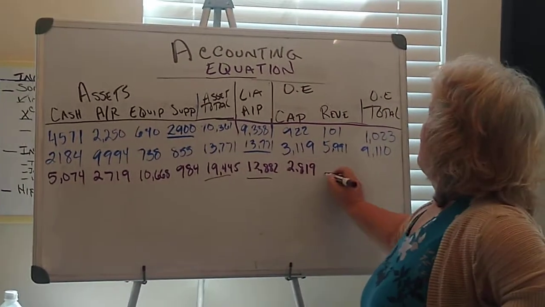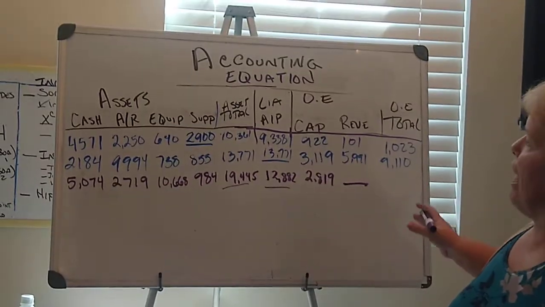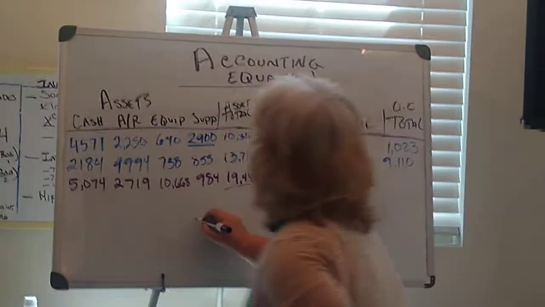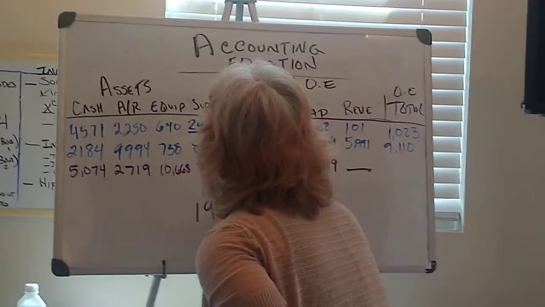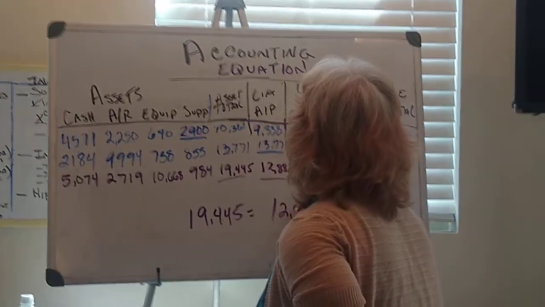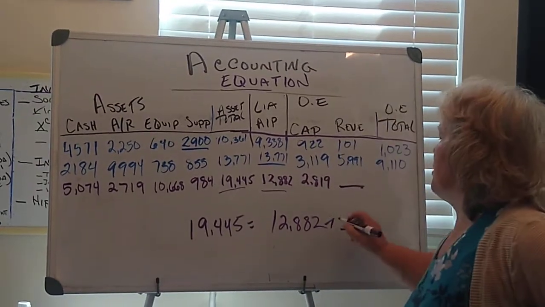So you're missing this information completely. So how would you calculate? How would you figure it out? Well, you have your total assets and you have your liabilities. So you have 19,445 equals 12,882 plus, and then that information is missing.